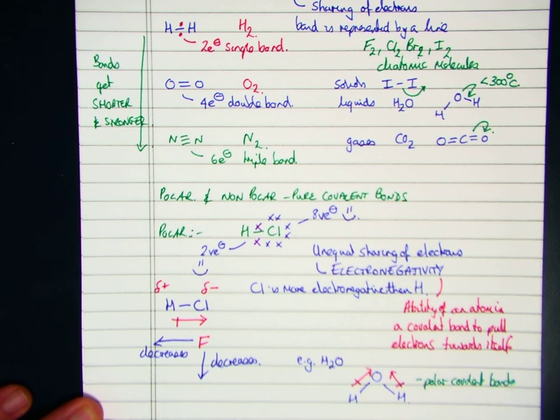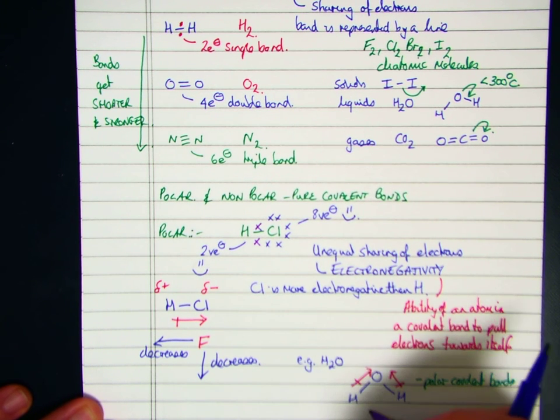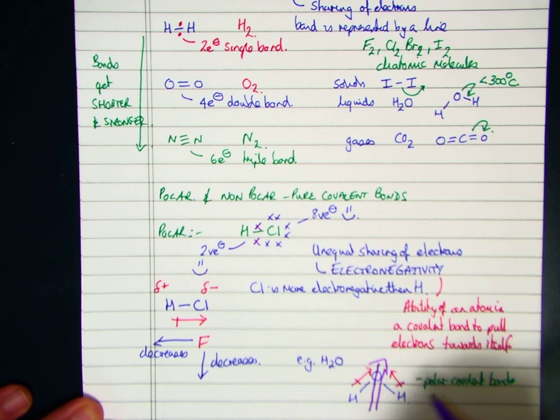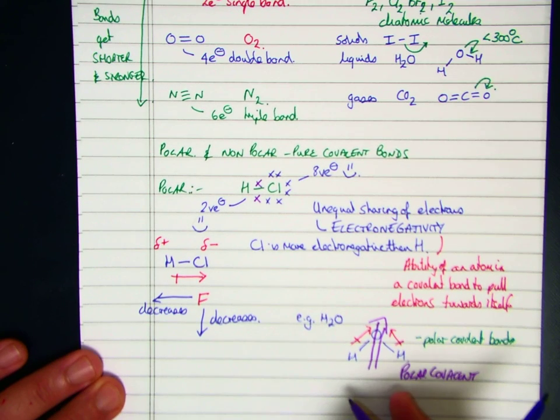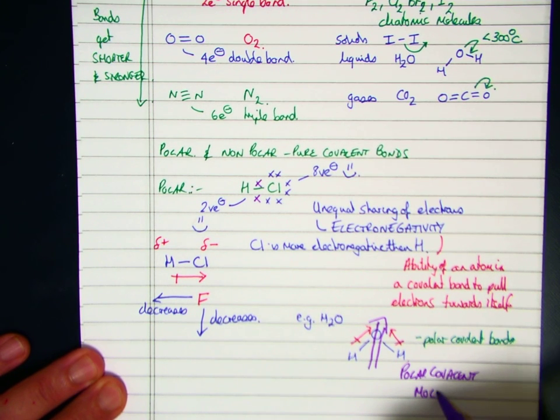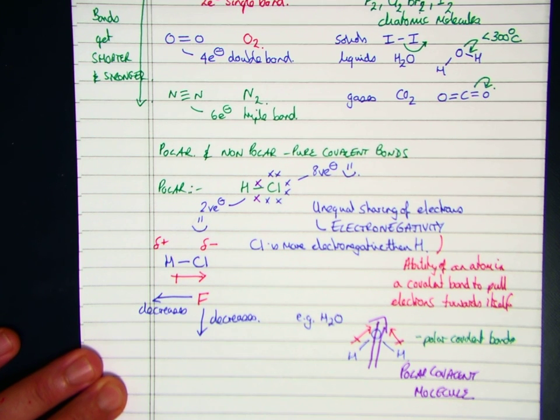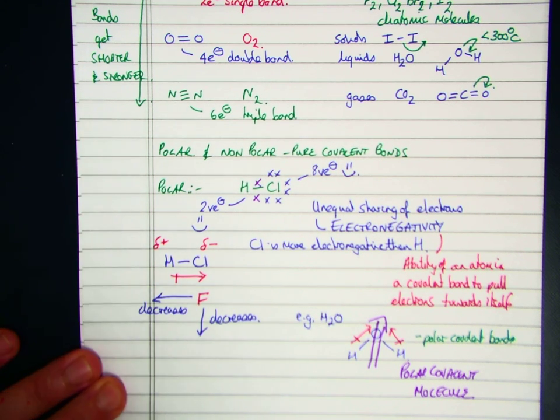But more significant to that is that we have this overall polarity to see that this is a polar covalent molecule. So there are two things to consider. Does it have polar or non-polar bonds? And then is it polar or non-polar?